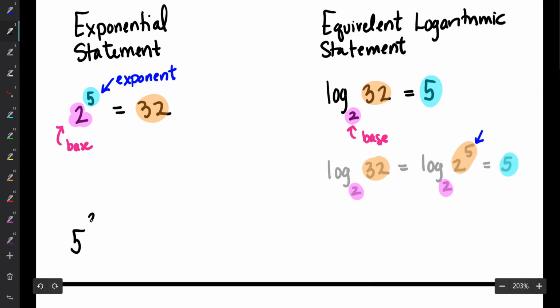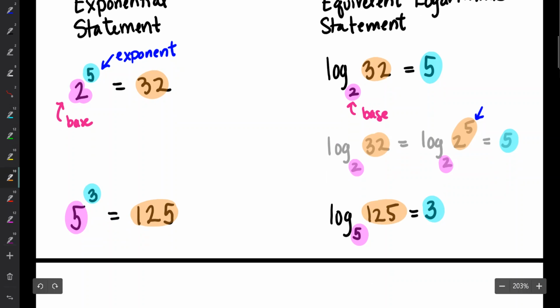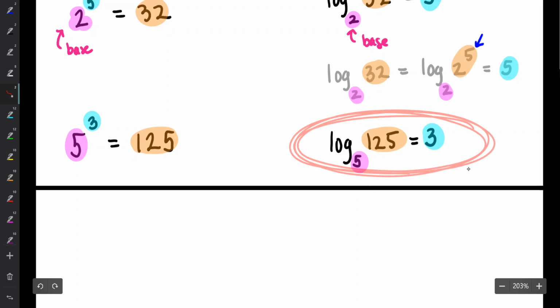How about 5 cubed is 5 times 5, which is 25, times one more 5 is 125. The equivalent logarithmic statement will be log base 5 of 125 is equal to 3. The base of your exponent and the base of your log are the same. The log is going to spit out the exponent. Right? Why is this true? This is taking some getting used to reading.